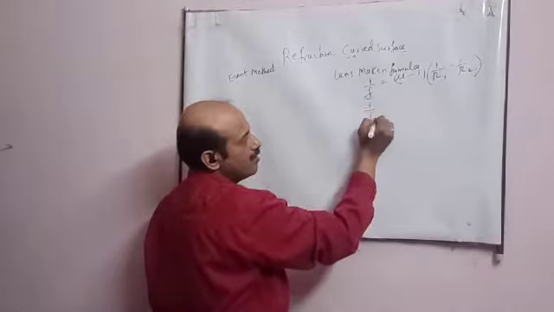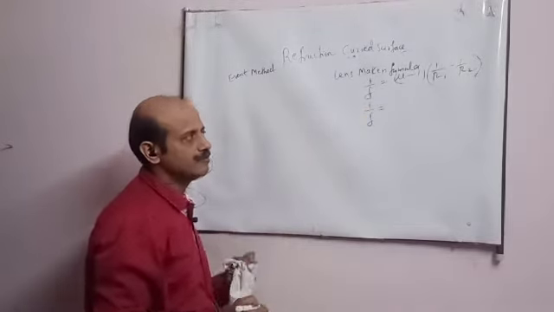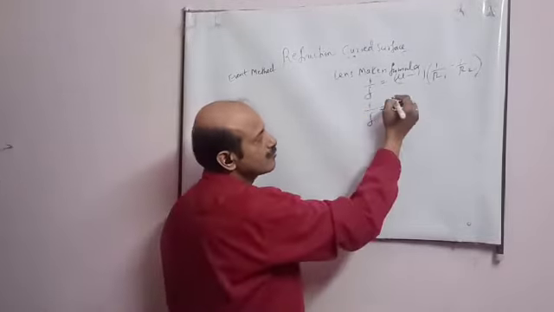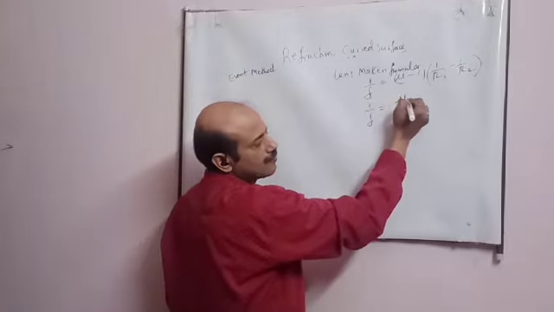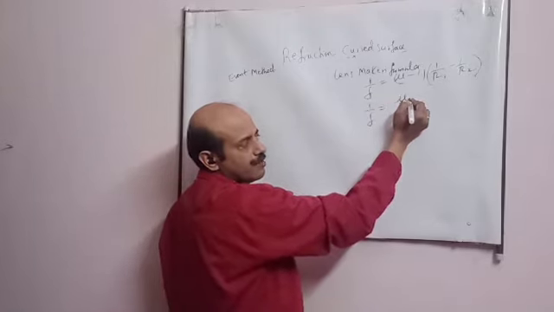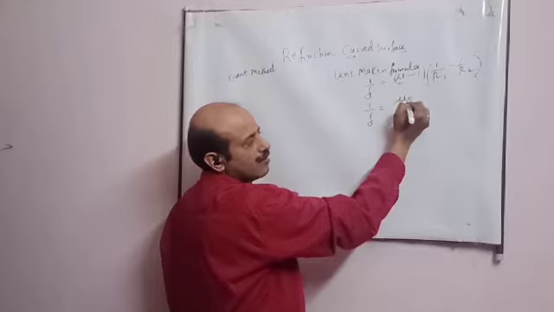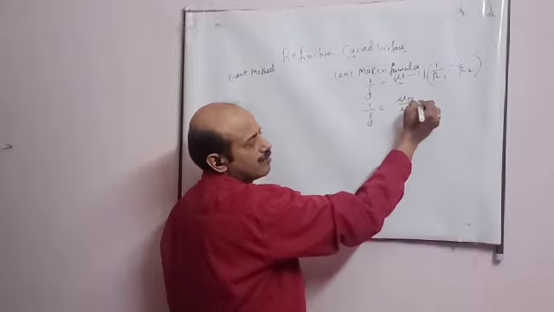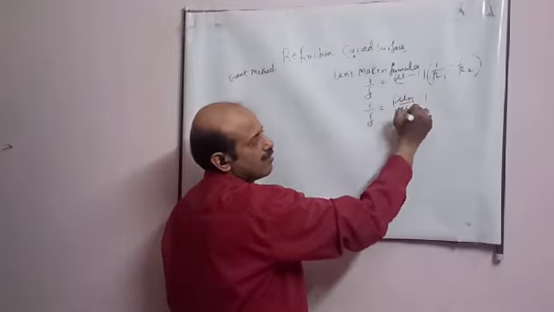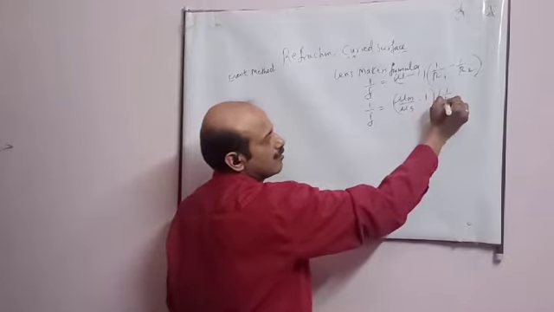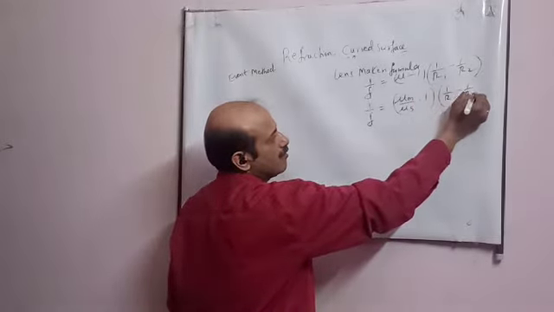This mu, if I write it in detail, it is actually mu of the medium upon mu of the surrounding, minus 1 upon R1 minus 1 upon R2.